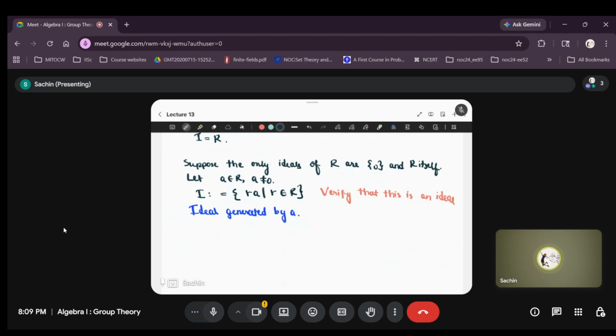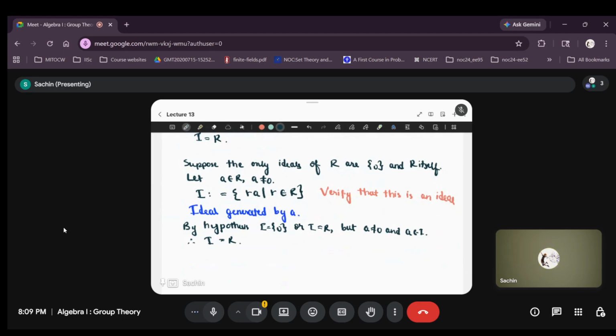By hypothesis, I equals 0 or I equals R, but A is not equal to 0 and A belongs to I. Therefore, I is equal to R.